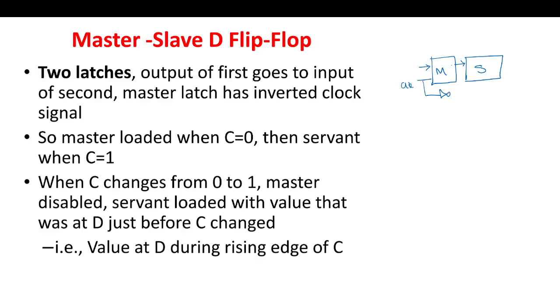When the master is functioning, the slave should not, and similarly, when the slave is working, the master will be in off state. Master is loaded when C is equal to 0, then slave when C is equal to 1. When C changes from 0 to 1, master is disabled and slave is loaded.